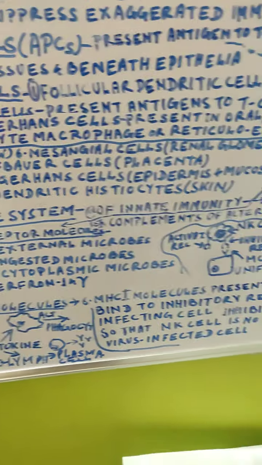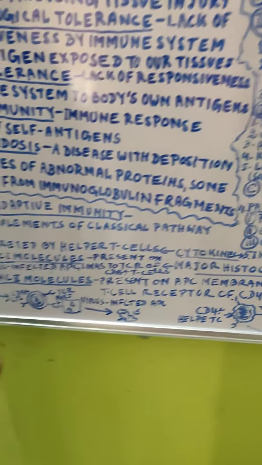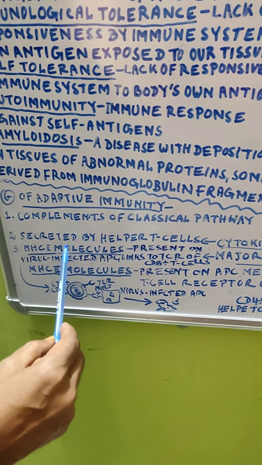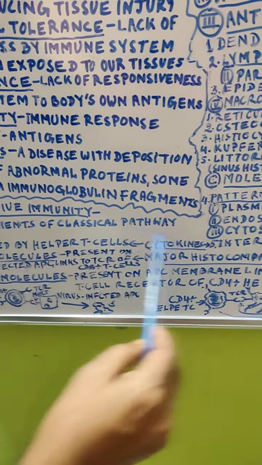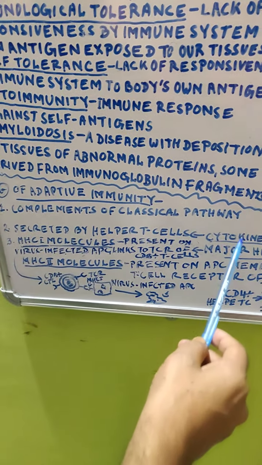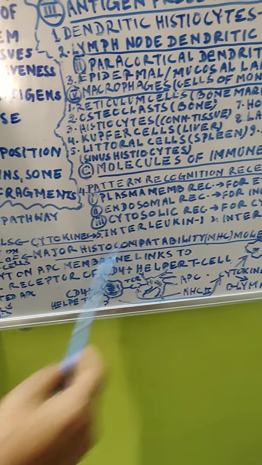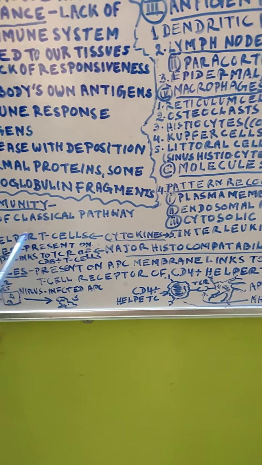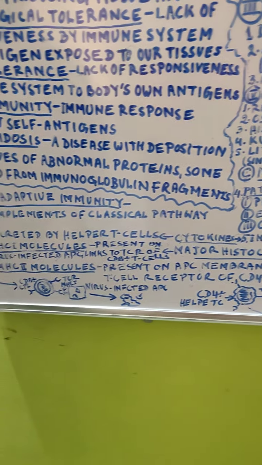Now come to the molecules of adaptive immunity. These are the complements of the classical pathway. Then the molecules secreted by the helper T cells, that is cytokines. These cytokines are secreted by innate immunity also, as you have seen with the interleukins, and they are secreted by the helper T cell, that is adaptive immunity, also.